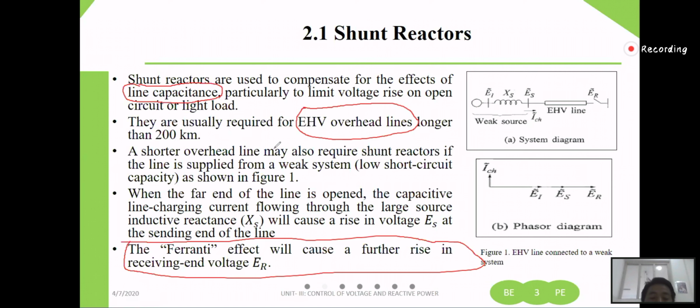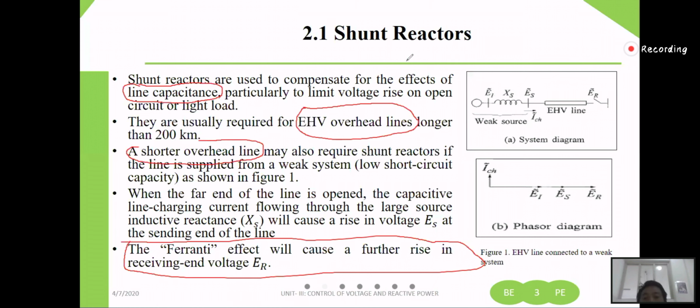You will know when we call it an EHV, extra high voltage, line. Normally the shunt reactor is used for EHV overhead lines longer than 200 kilometers, but it can also be used for a short overhead line which requires a shunt reactor if the line is supplied from a weak system.